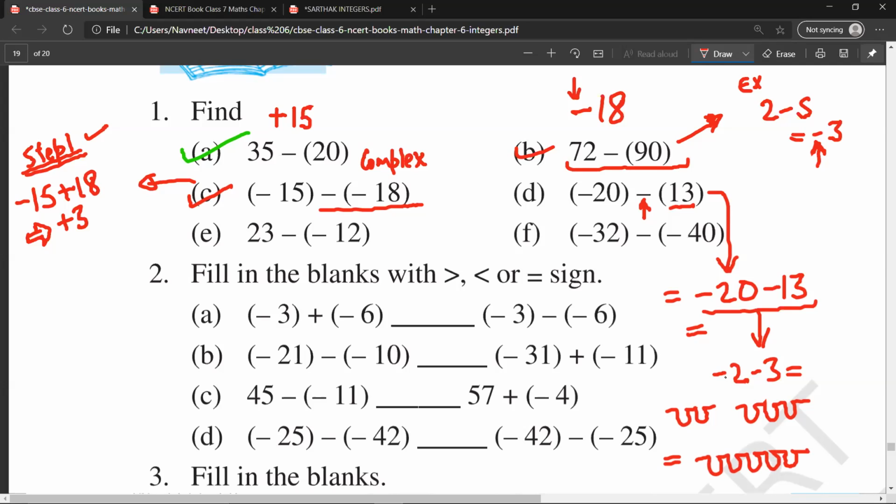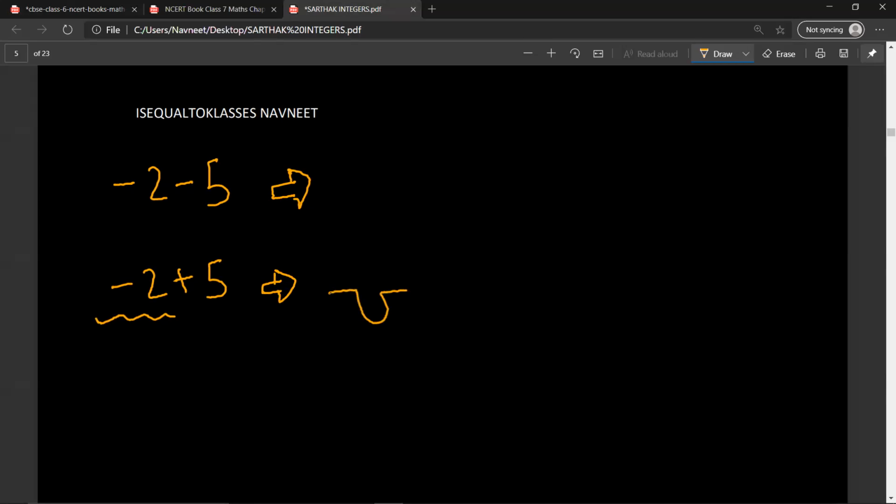Okay, so all I'm saying is let us forget about the negative sign. So for example, I have -2 and -5. And I have -2 plus 5. Yes, sir. So this -2 are 2 valleys, and this +5 are 5 mountains.